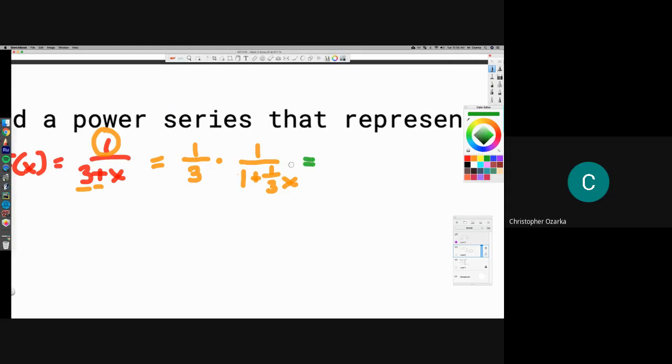Okay. So this is equal to 1/3. Now I'm going to change this plus into a minus because you have to, because of home base. So now it's going to be 1 minus negative 1/3 x. So now it's a 1 minus here. This 1/3 is a constant multiple.